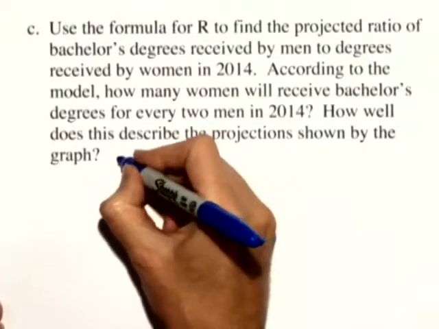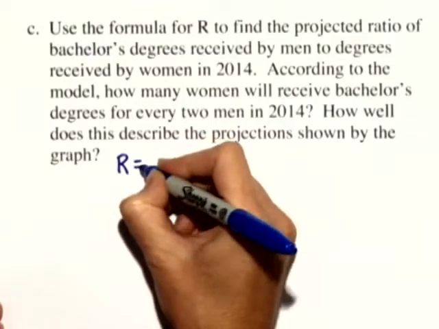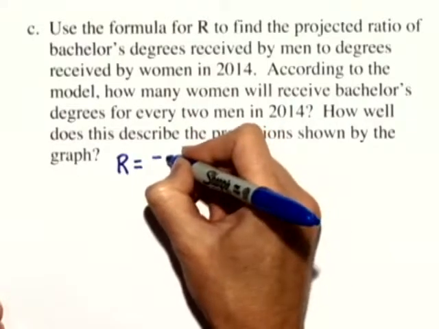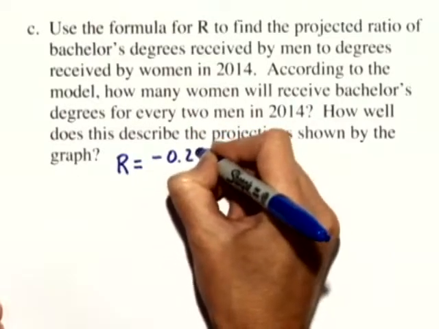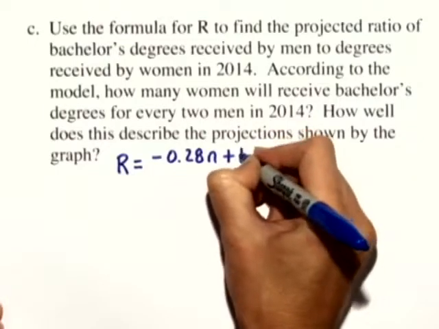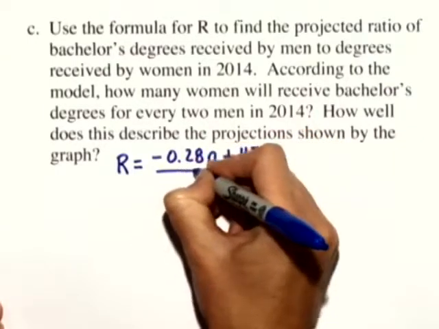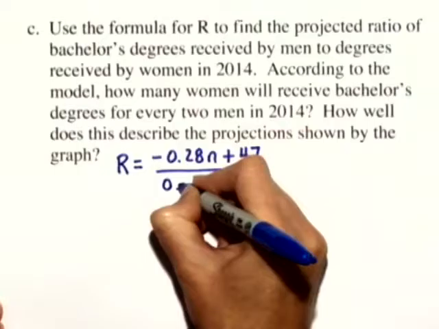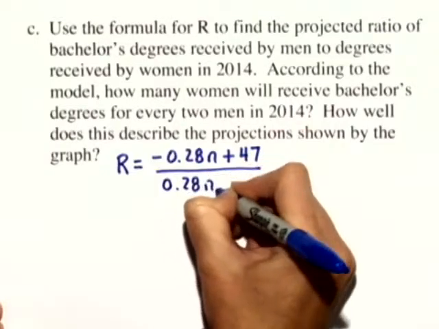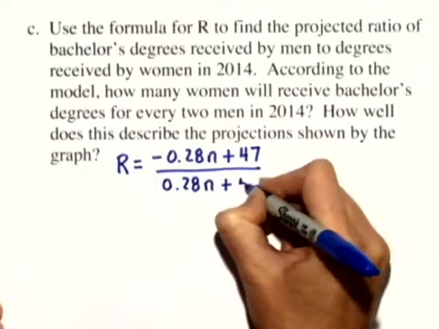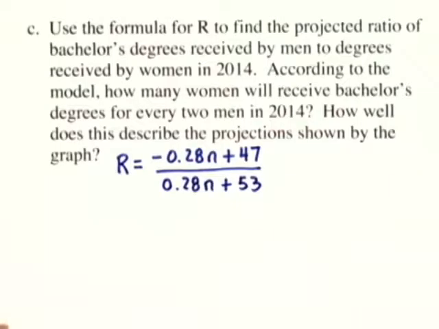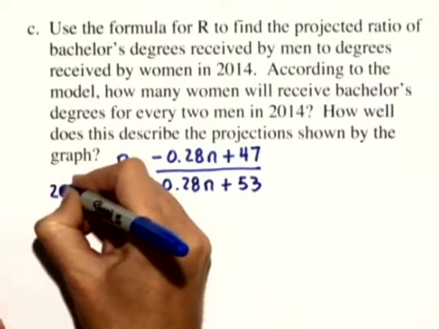Well, first, let's just rewrite the ratio that we just wrote in Part B. R equals negative 0.28n plus 47 divided by 0.28n plus 53. Well, we're looking at the year 2014 in this case.